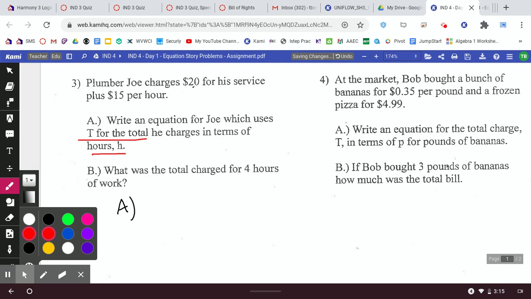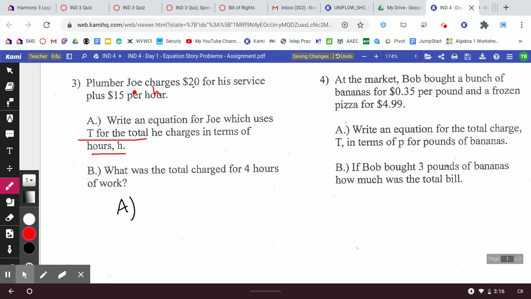So if we go back up to our story problem, Joe charges that $20 service fee or that flat rate plus $15. Remember, per is multiplication, and then we're going to use an H for hour. Okay, so per H or 15H. So let's write that equation. So T, they want us to use T for total.